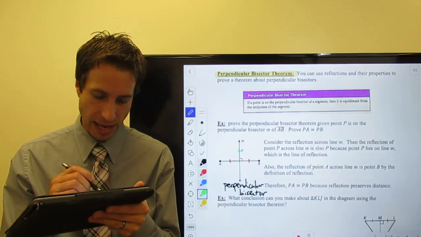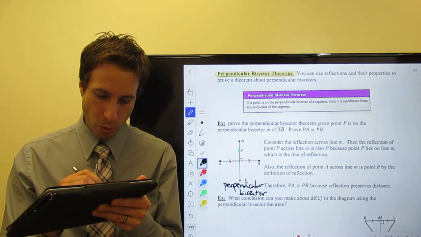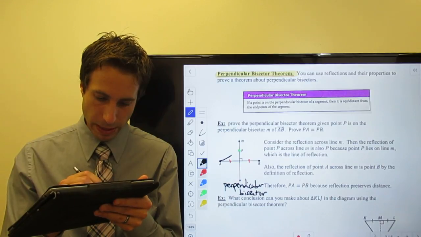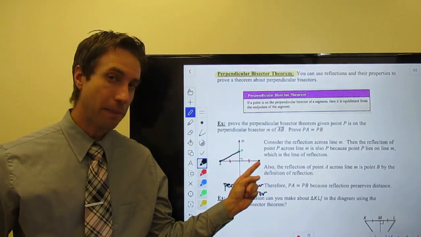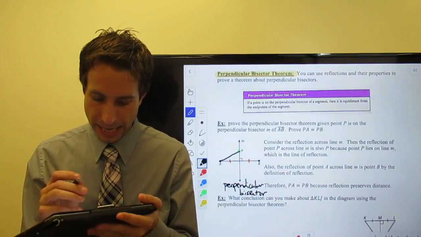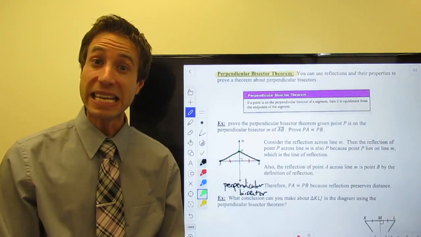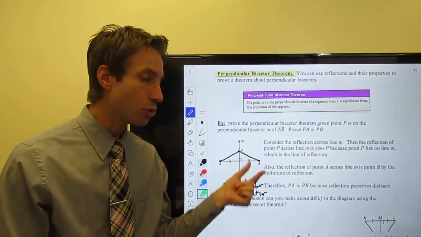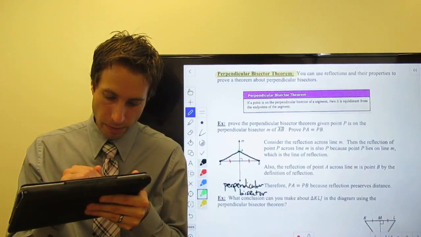Here's all this is saying. If you draw a line from point A to point P, and you draw a line from point B to point P, equidistant means that those two lines are equal. They're congruent.